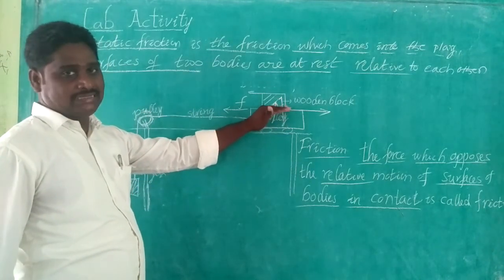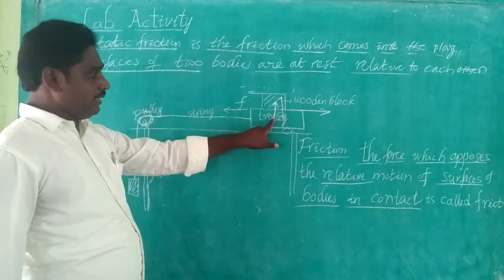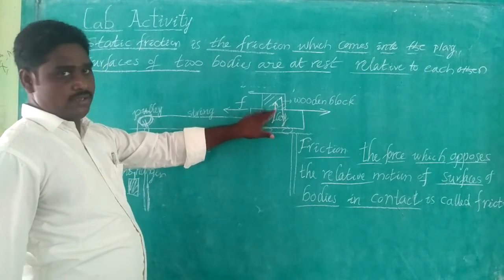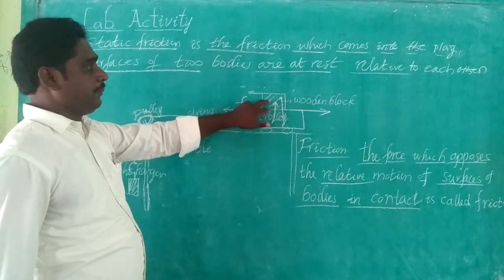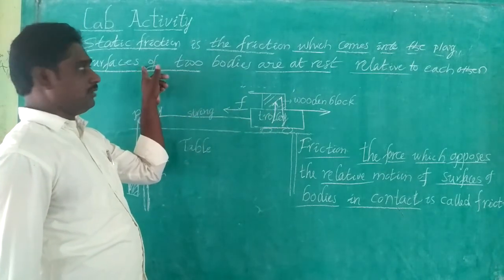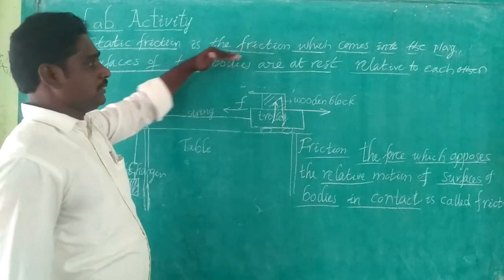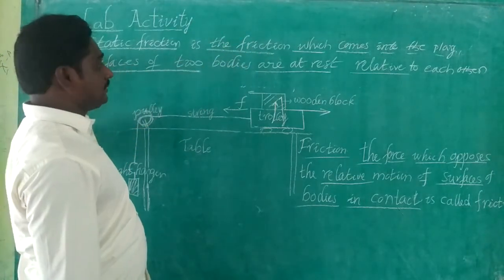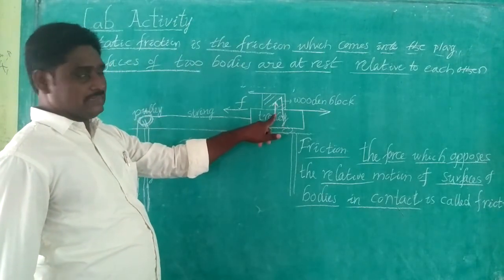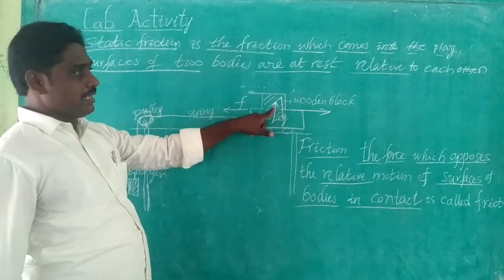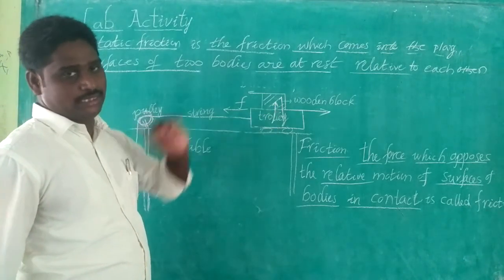The wooden plank rests on the surface of the trolley. So which friction force exists between them? Static friction. The surface of the wooden plank and the surface of the trolley are both at rest relative to each other. This friction is called static friction.